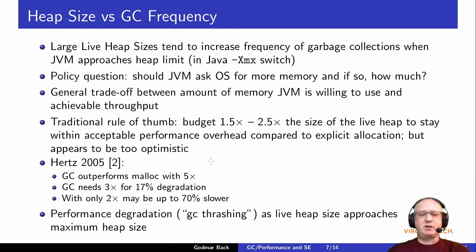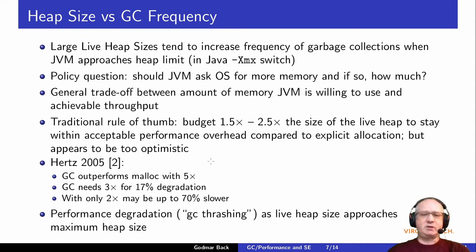According to this study, many garbage collectors at that time needed up to 3 times the live heap size to achieve only 17% of performance degradation when compared to an idealized program that did malloc and free. And with only giving twice as much, they were in fact 70% slower, and they needed 5 times the size before they outperformed malloc because of the effect that I showed earlier.